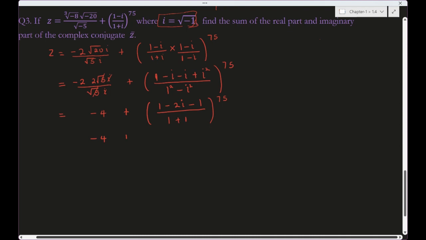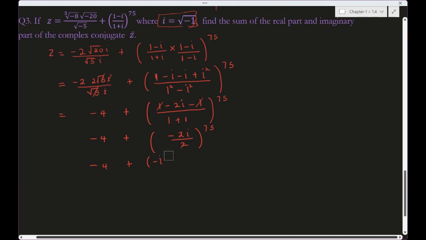So this is minus 4 plus this. What we can do, you see, this 1 will go with this minus 1. So in here, we are left with minus 2i over 2, still to power 75. So we have minus 4 plus 2 will go with 2. So we just have minus i to power 75.